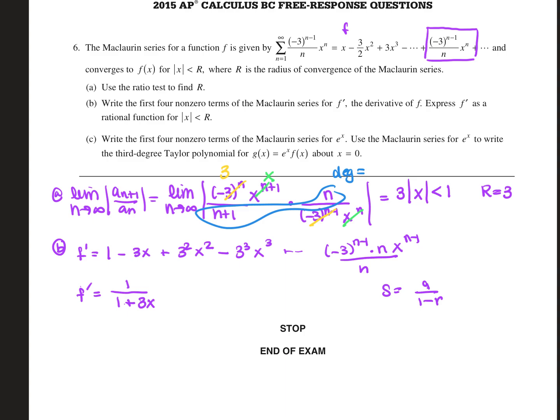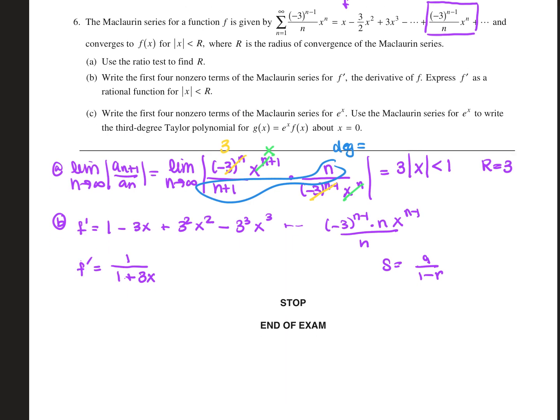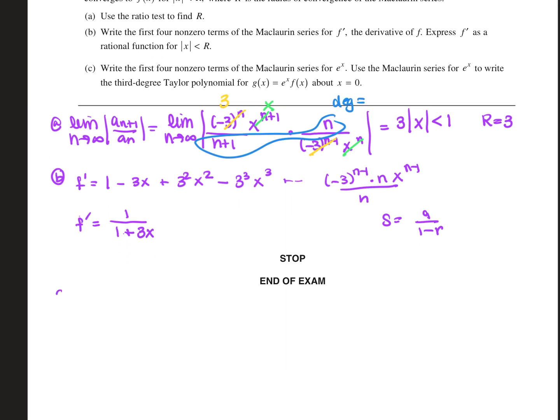Part C says find the first 4 terms of the series for e to the x. So let's go ahead and write that. So e to the x is 1 plus x plus x squared over 2 factorial plus x cubed over 3 factorial. And we need to multiply e to the x times f. So I'm going to take my e, and we're going to multiply it by the f.